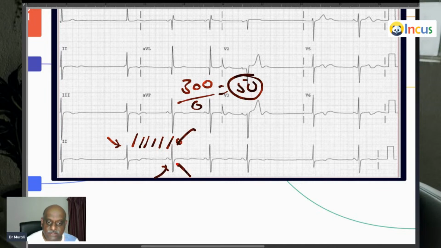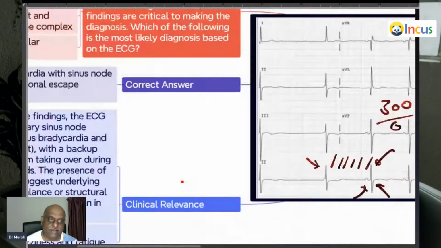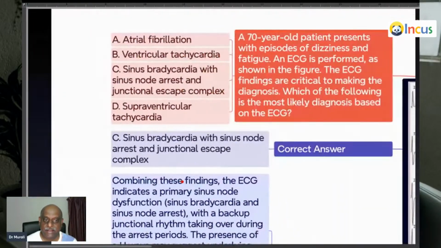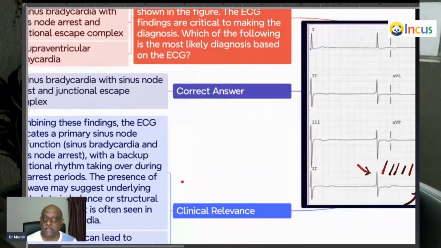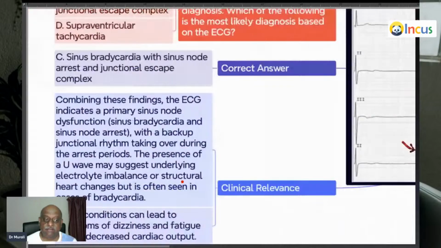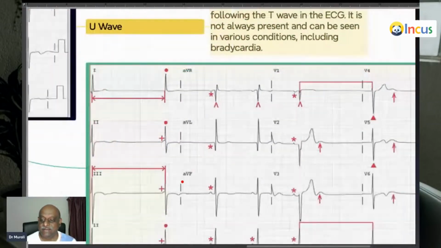There is P, there is QRS. There is P, there is QRS. So that is the reason this is a case of fundamentally sinus bradycardia, sinus node arrest, and there is a development of junctional escape rhythm.